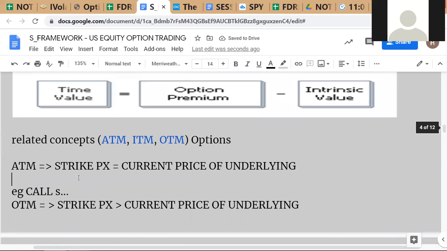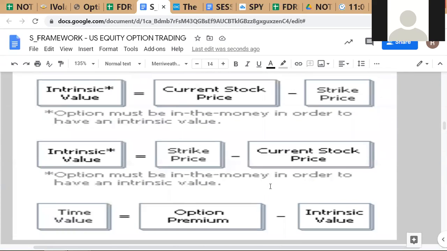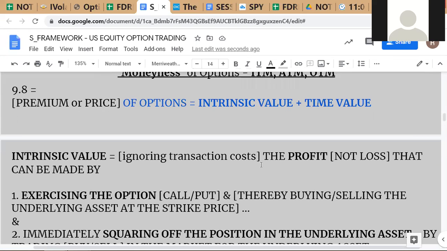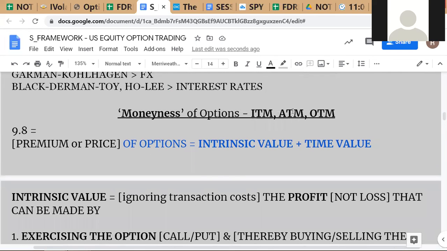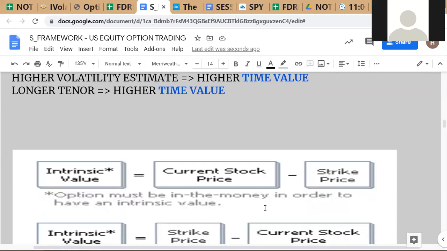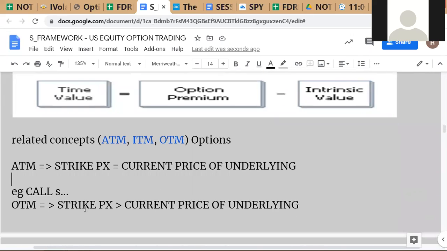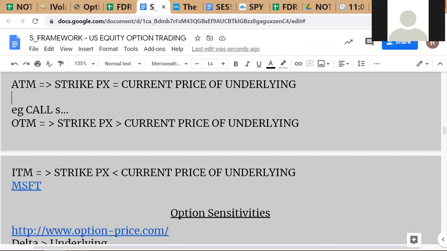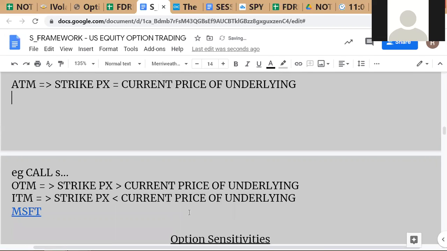The main thing is that in the case of ATM, the strike price is equal to current price of underlying, okay? The in the money option essentially is, let's look at this way. Now let's define at the money and ATM and OTM differently, okay? This is called as just an estimate, okay? This is an example. I'm going to first define it in general terms.